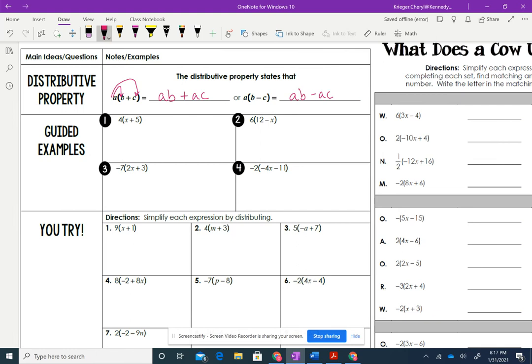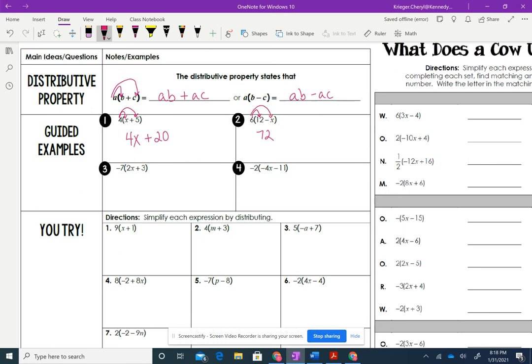4 times quantity x plus 5. Multiply 4 times x, 4x, and 4 times 5, which is 20. Sorry, guys. So here, number 2, we have 6 times 12, which is 72, and 6 times x.